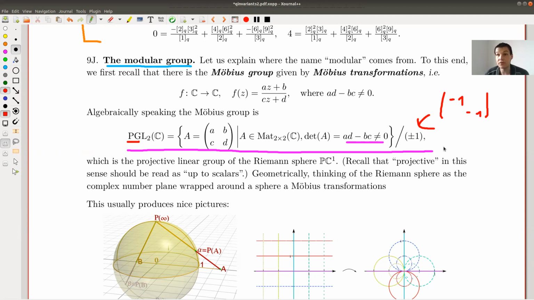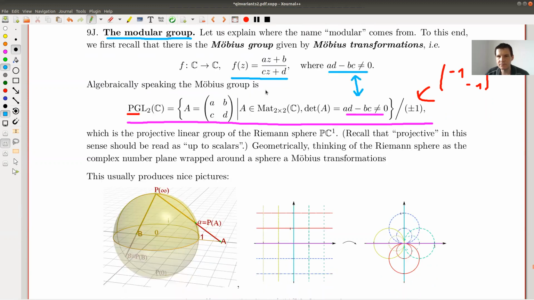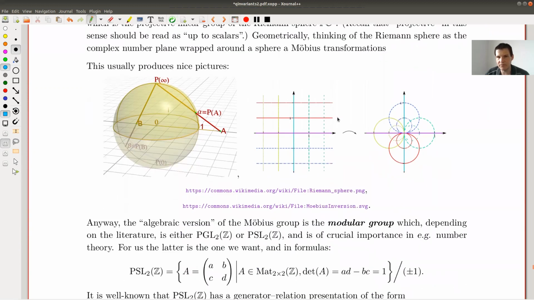And this is the following group. So this is the algebraic expression of the group of all Mobius transformations of C. And Mobius transformations were those maps. Of course, this is the same condition as down here. And you can write down very nice pictures of Mobius transformations.